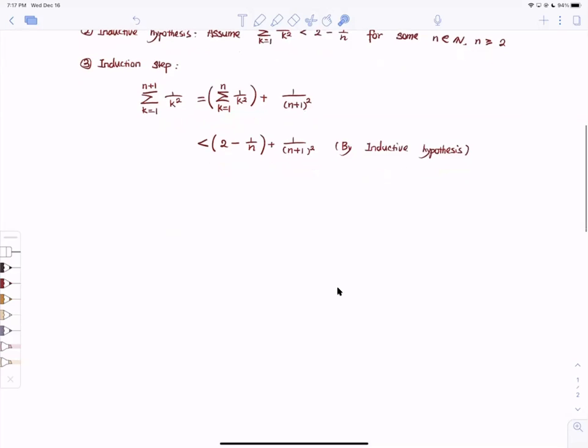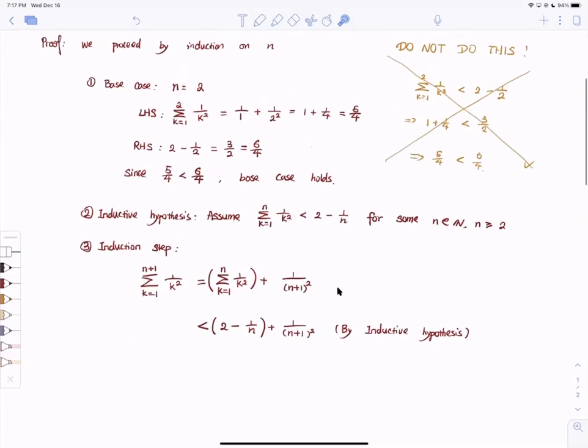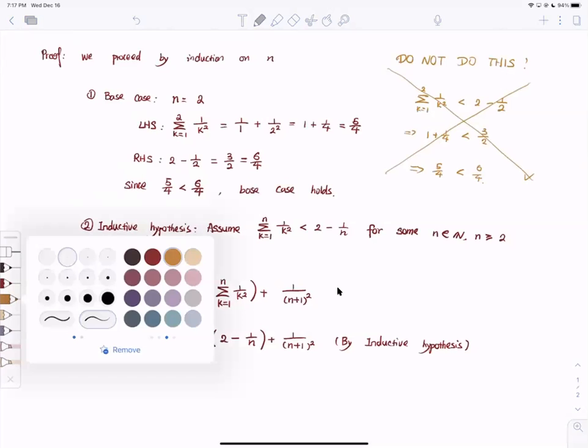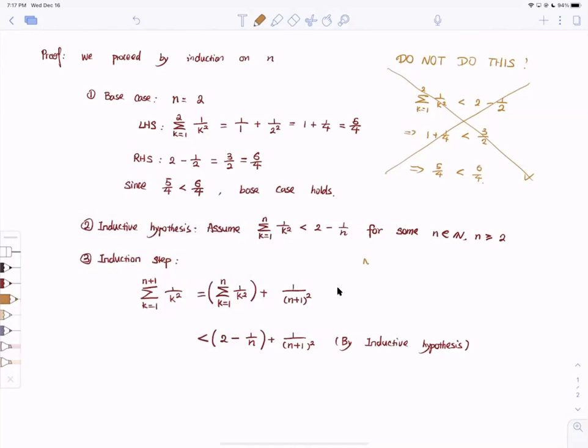Okay, so keep in mind what we need to prove. I'm going to write what we need to prove here. We need to prove this, minus 1 over n plus 1.